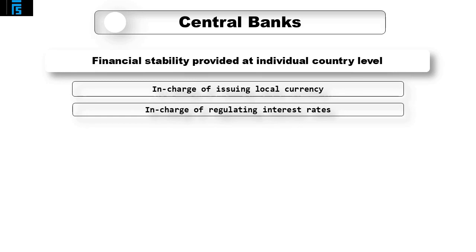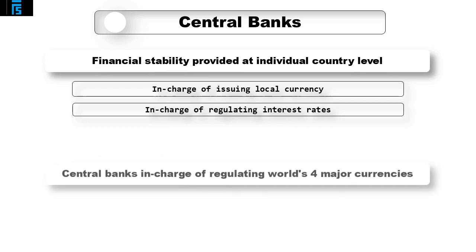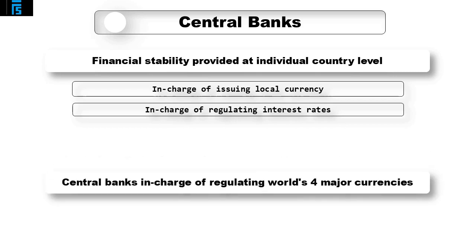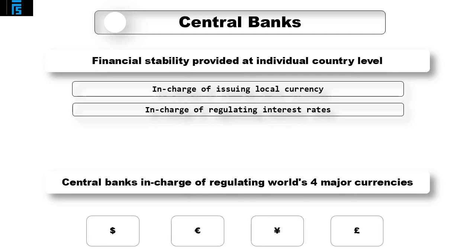Taking into account that a vast majority of international trade is settled using the world's four major currencies, that is the US dollar, the euro, Japanese yen and Great Britain pound, clearly the policy and decisions of the central banks in charge of issuing these currencies have a significant impact on international trade.